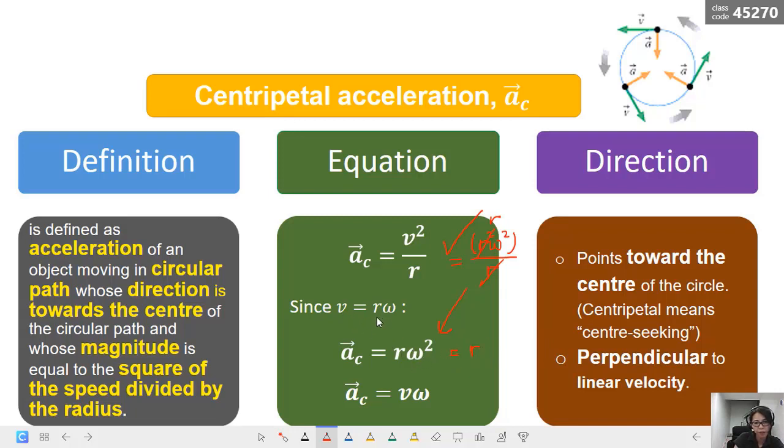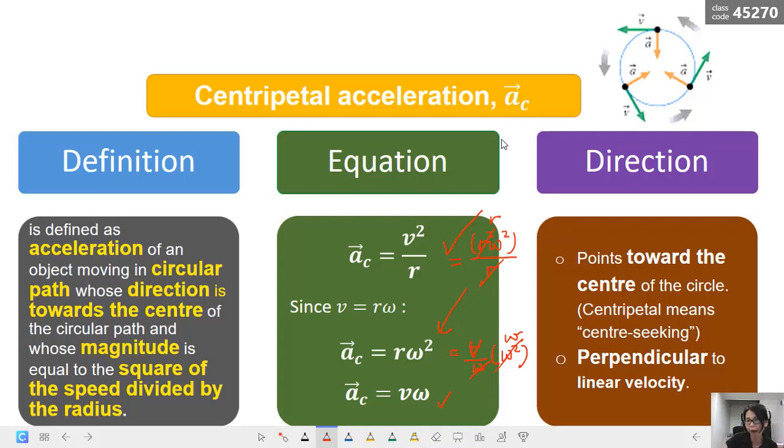If I rearrange v equals r omega, r will be v over omega. Multiply by omega squared, one of the omega is cancelled, so I will get v omega. So these are the equations we use to calculate the centripetal acceleration for an object that performs circular motion.